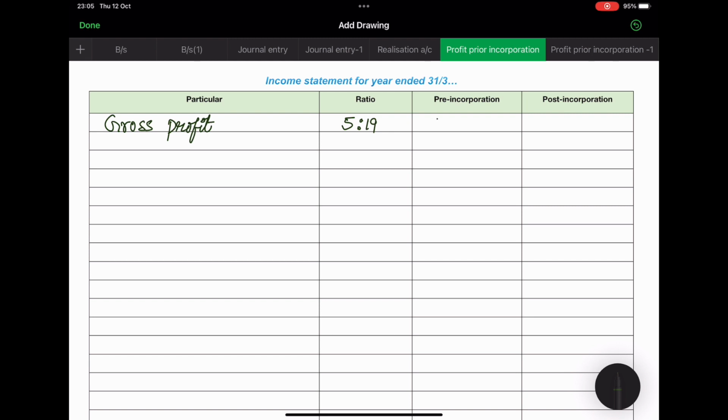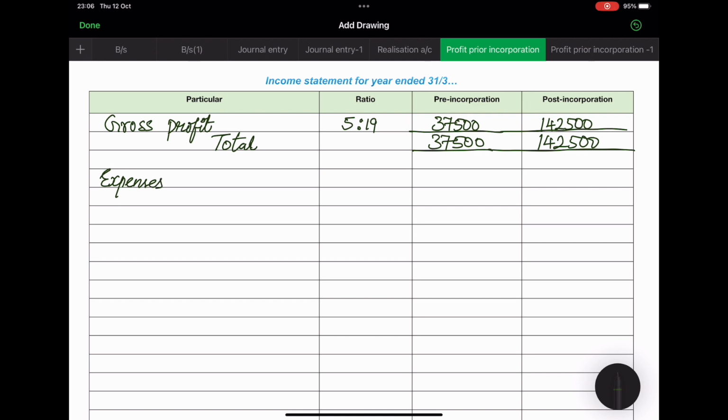So the value will be 37,500 and 1,42,500. We identify this as total, written the same: 37,500 and 1,42,500. Got it?